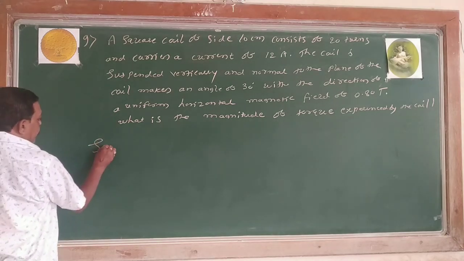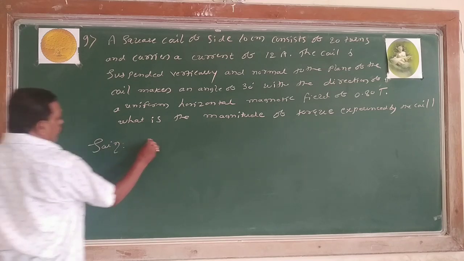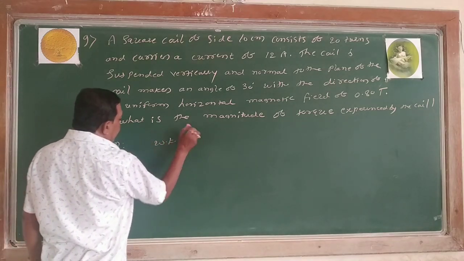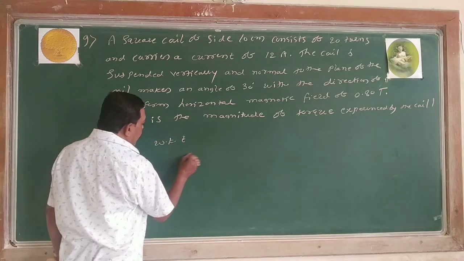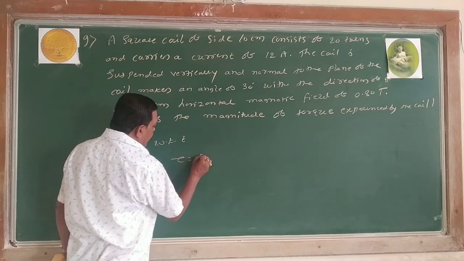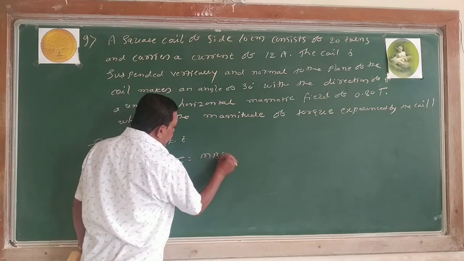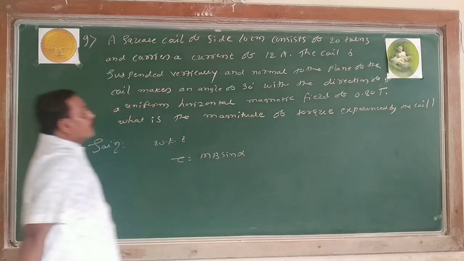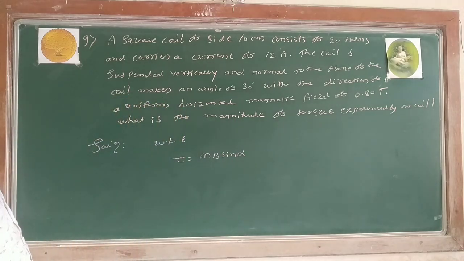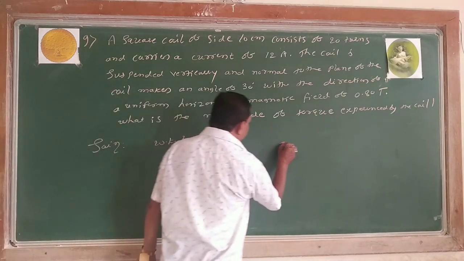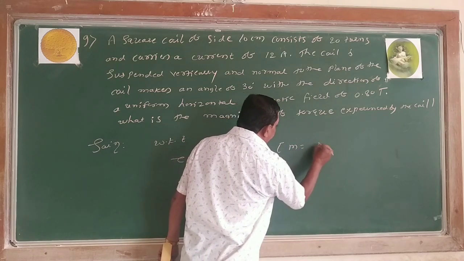We know that the torque on a current loop, torque tau equals mB sin alpha. He has given a square coil of side 10 centimeter with a number of turns. Then what is that m? M equals I into A. For n number of turns, NIA.